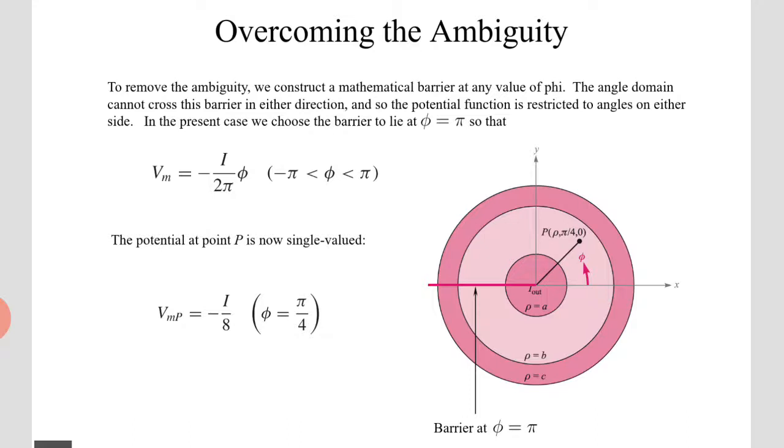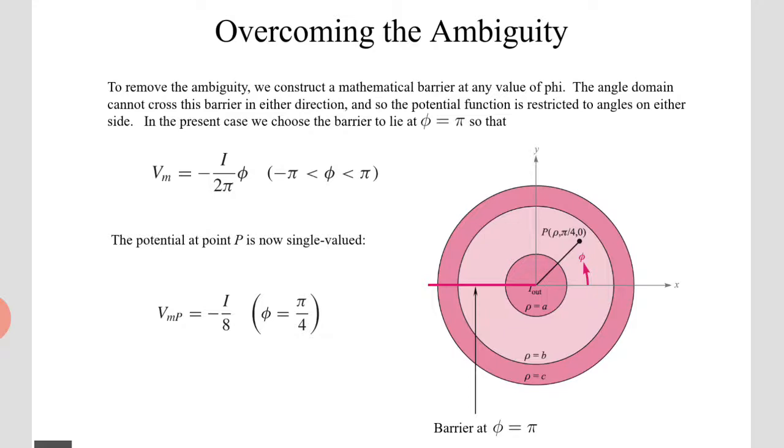At φ is equal to π by 4 we get only the one value of potential, Vmp is equal to minus I by 8. This is how we can overcome the ambiguity for the scalar magnetic potential.